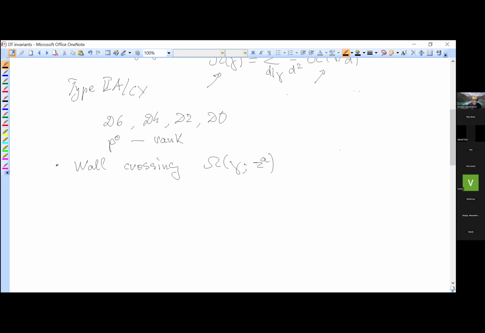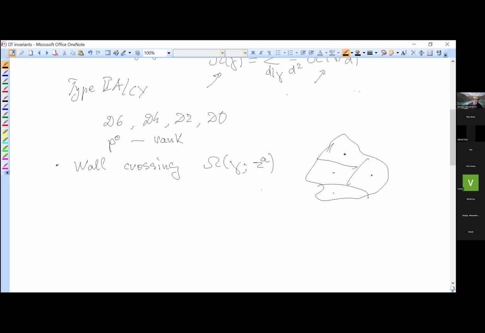There is a moduli space, divided into chambers like this, and my omega of gamma takes different values in different chambers. It's only a piecewise constant function.